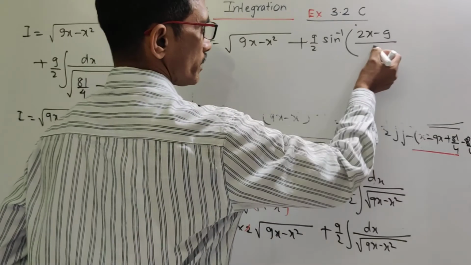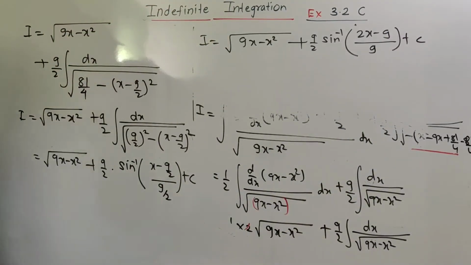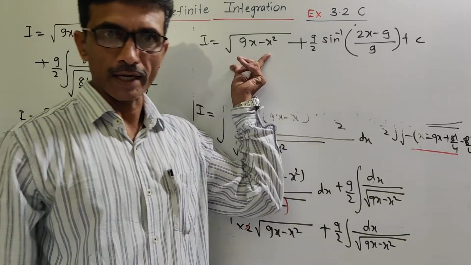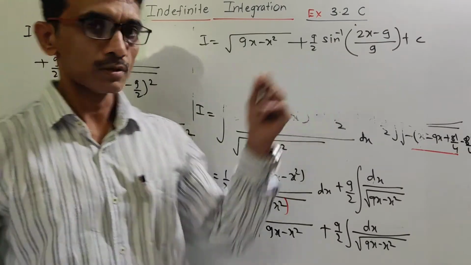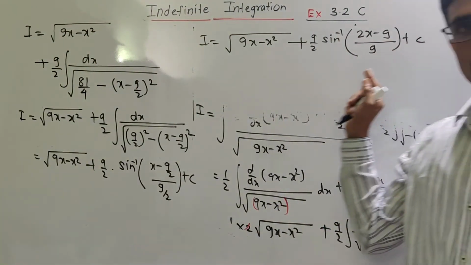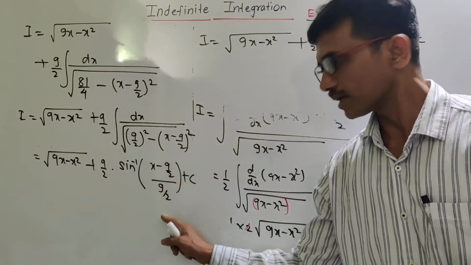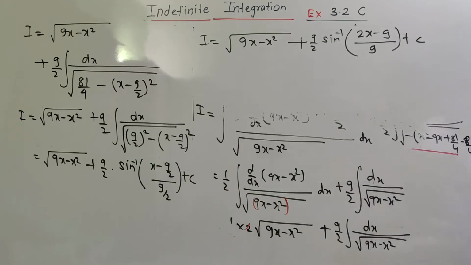So finally it will be 9 only, plus c. This is the last answer: root of 9x minus x square plus 9 by 2 sine inverse of 2x minus 9 upon 9. After simplifying, 2x minus 9 upon 2 and 9 by 2, so the 2 is getting cancelled.